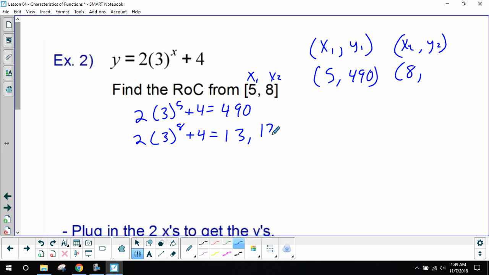Now plug that into the formula. That was on the last screen. So we're going to go 13,126 minus 490 all over 8 minus 5. And I'm just going to use my calculator for this. My calculator says we get 1,212. Don't you just love when the calculator does all the work for you?